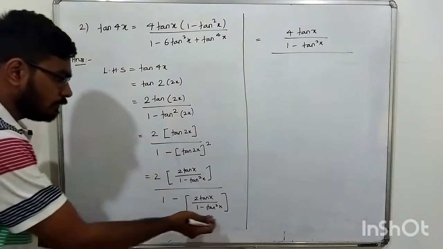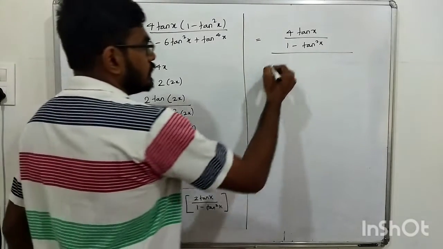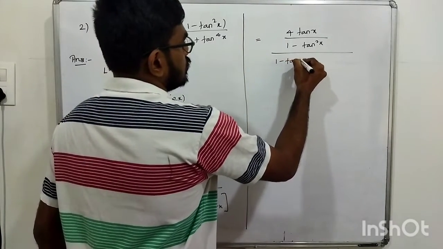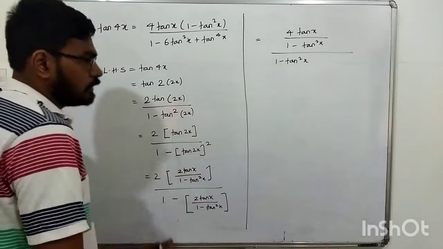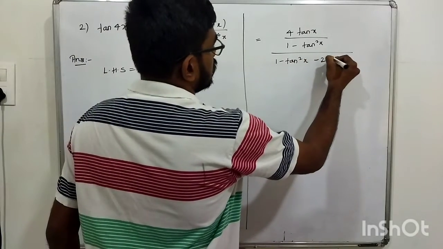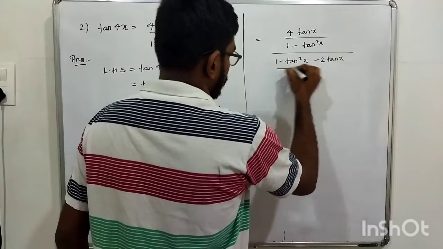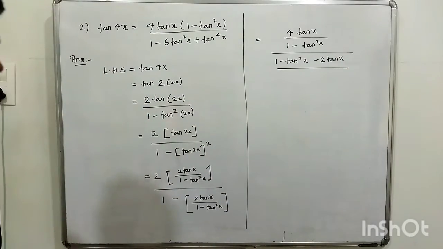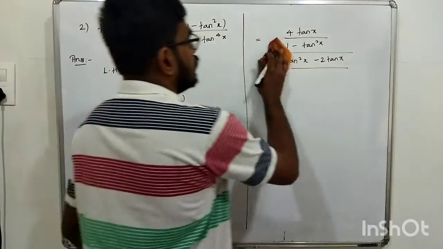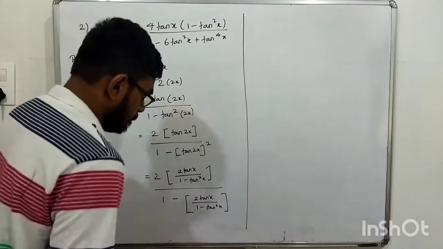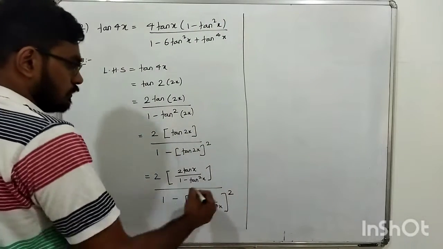This you can cross multiply. 1 minus tan square x into 1 is 1 minus tan square x minus 2 tan x, sorry, here there is a square, correct? I didn't put that square. Okay, so square that first.